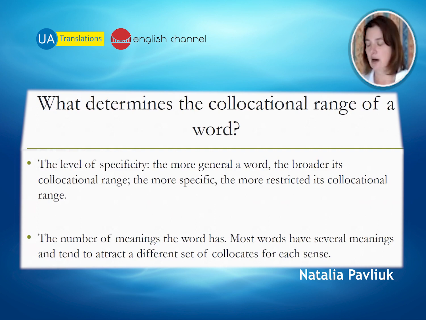And the next factor which influences the collocational range is the number of meanings the word has. Most words have several meanings and tend to attract a different set of other words that go together with them. For each meaning of this polysemantic word, a certain range is related.